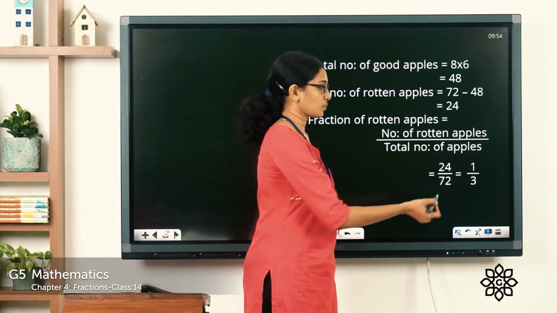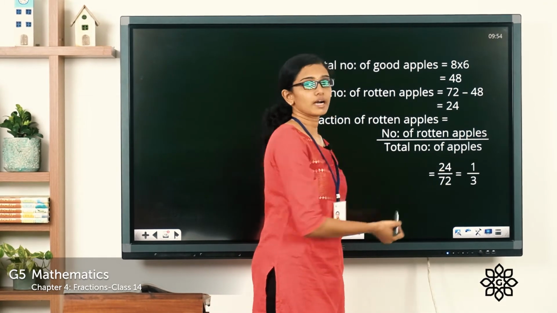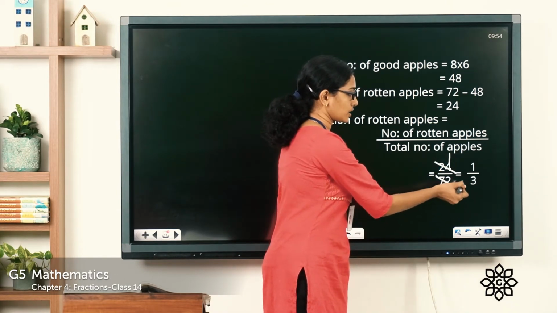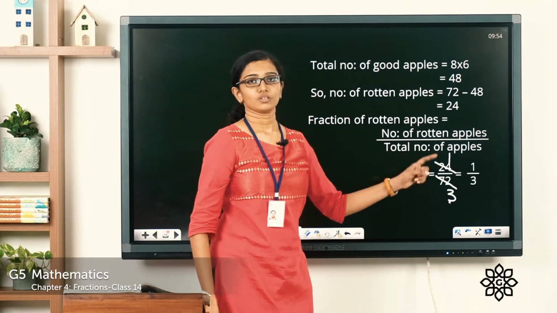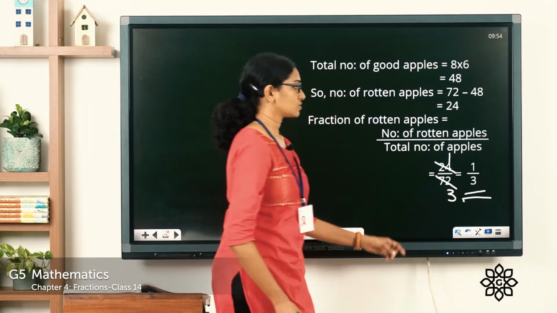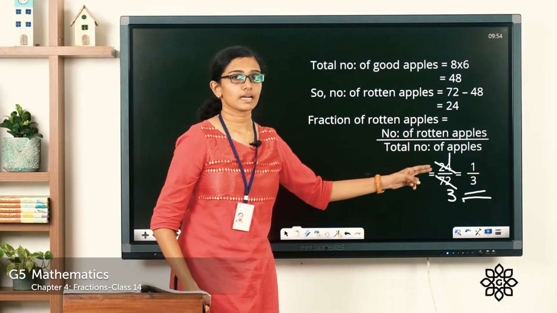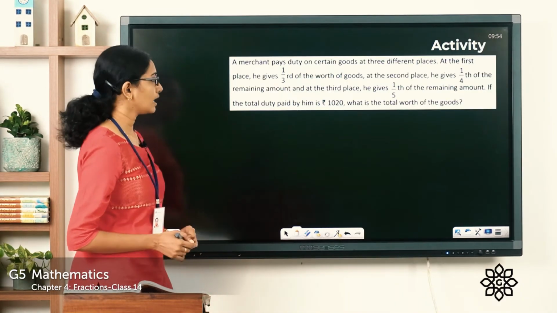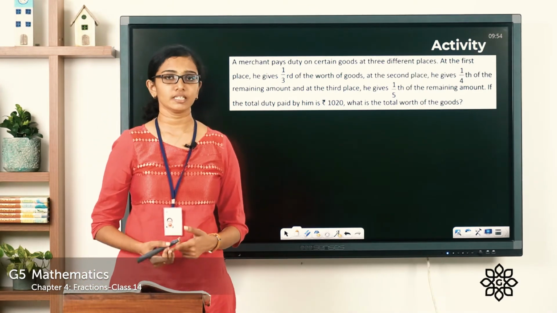So let's cancel out 24 from each. 24 divided by 24 is equal to 1 and 72 divided by 24 is equal to 3. So the equivalent fraction will be 1 by 3. So this is the fraction of rotten apples in the set. Clear?